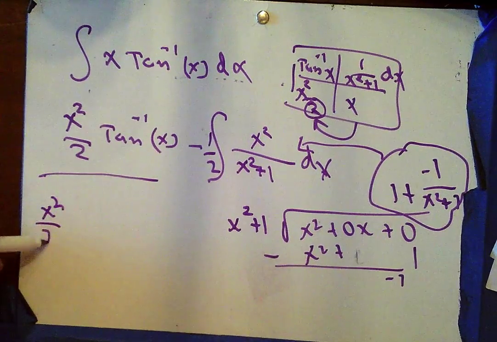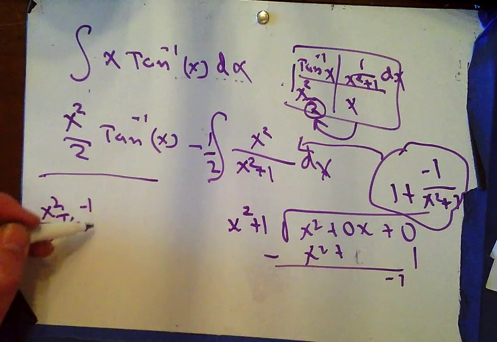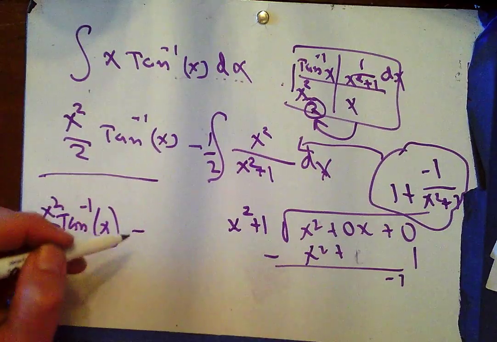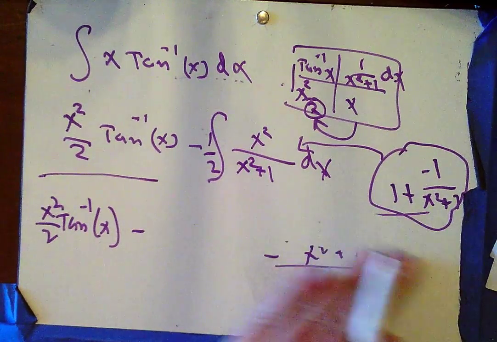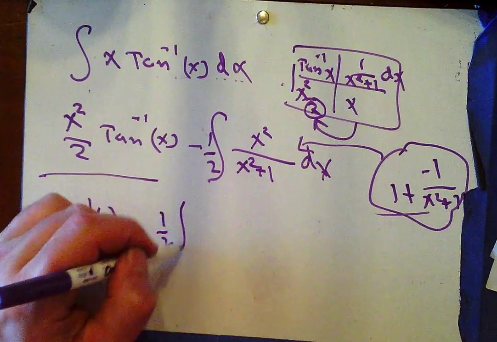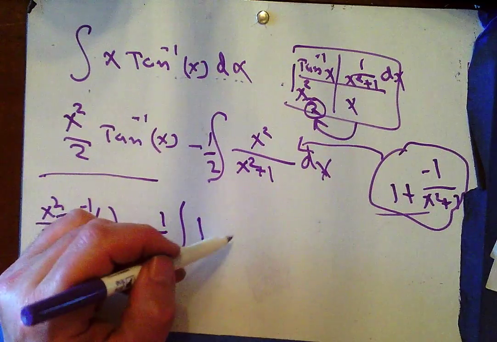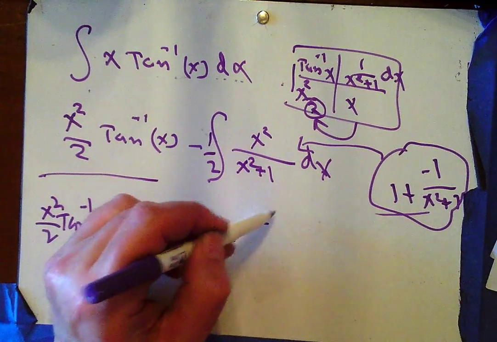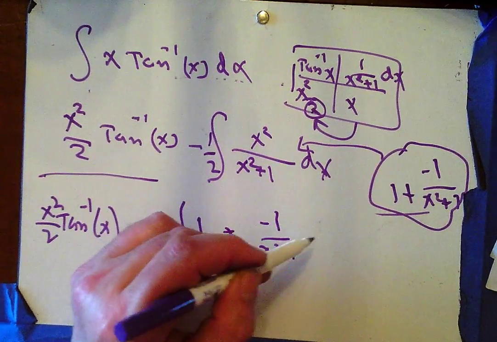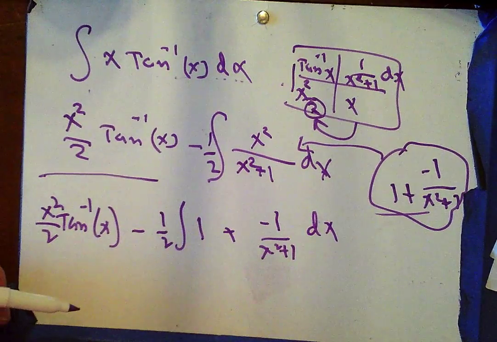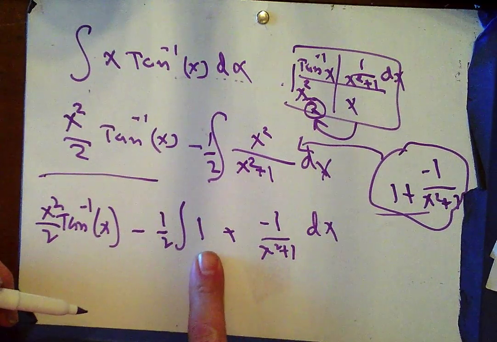So we're going to have x squared over 2 tangent inverse x minus 1 half integral of 1 plus negative 1 over x squared plus 1 dx. Well, the antiderivative of that is x.